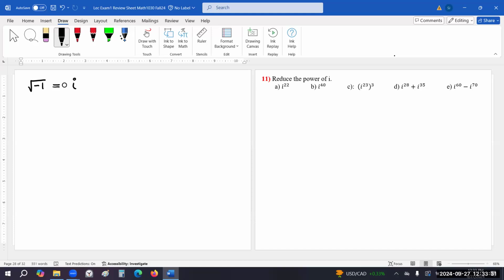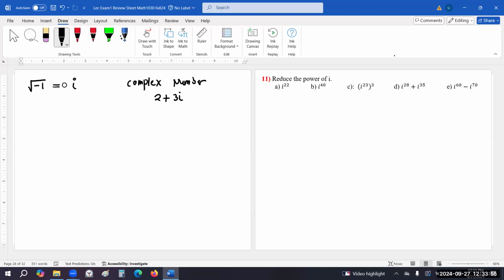And whenever we have an imaginary number in a number system, we call them complex numbers. Complex number means we have a real portion and an imaginary portion. For example, 2 plus 3i. 2 is a real number.